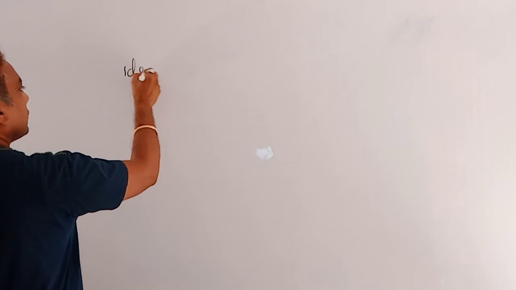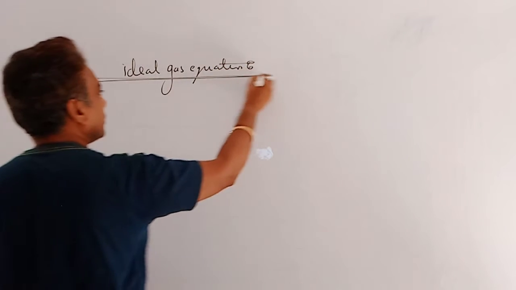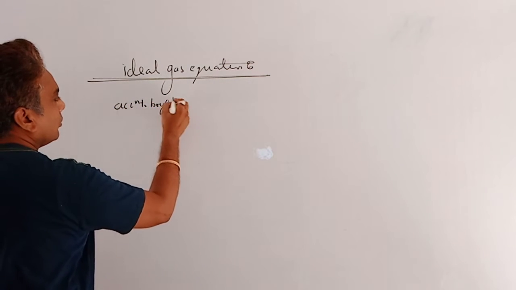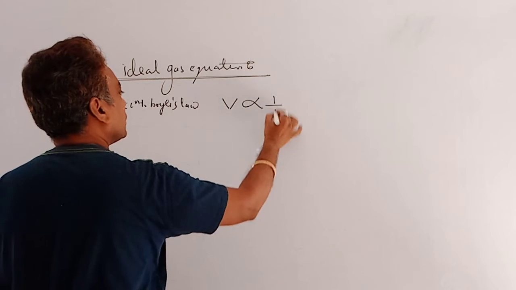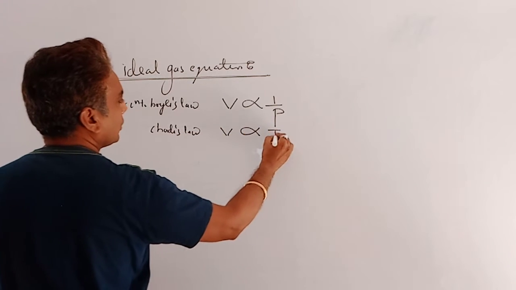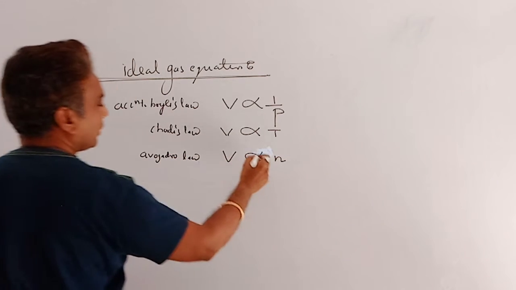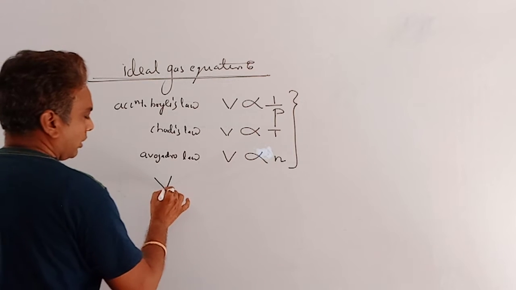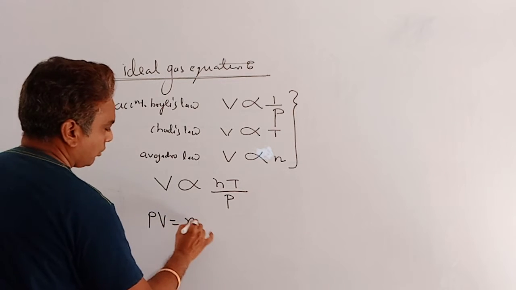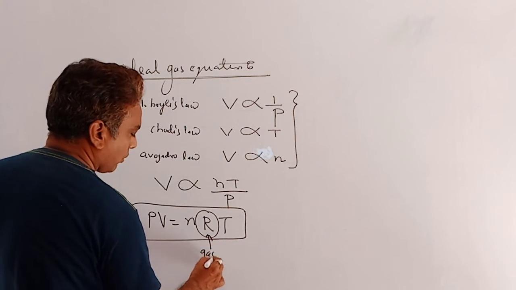So here is the ideal gas equation. According to Boyle's law, V is inversely proportional to P. Charles' law, V directly proportional to T. Avogadro law, it is directly proportional to N. So by using these statements, we can write V is directly proportional to NT by P. So here is PV is equal to nRT, where R is the proportionality constant known as gas constant or universal gas constant.